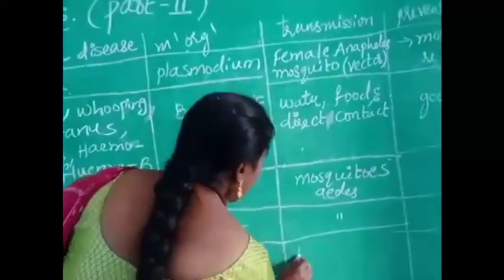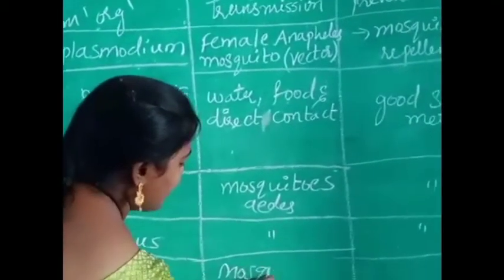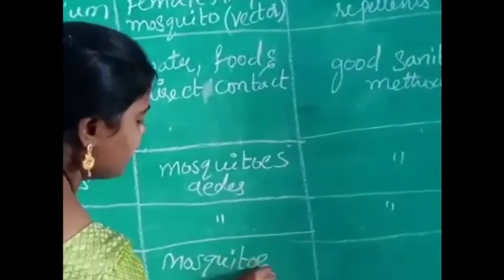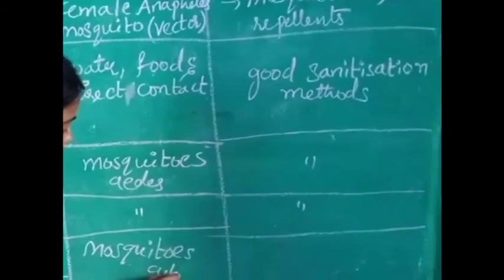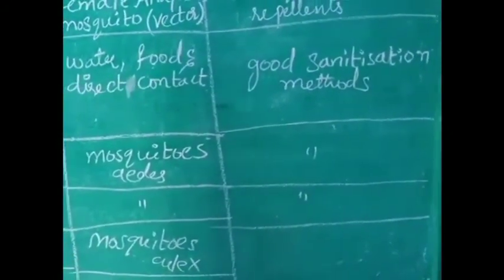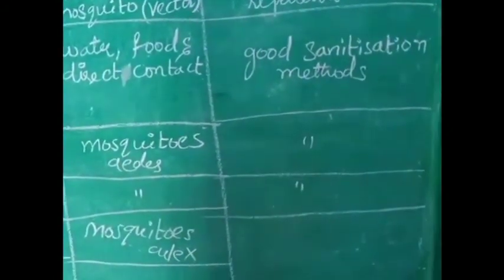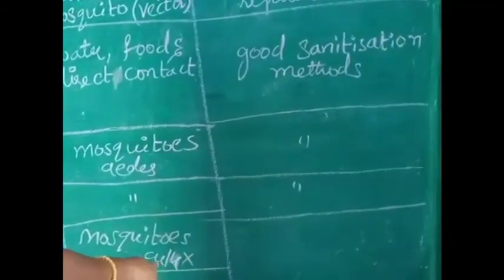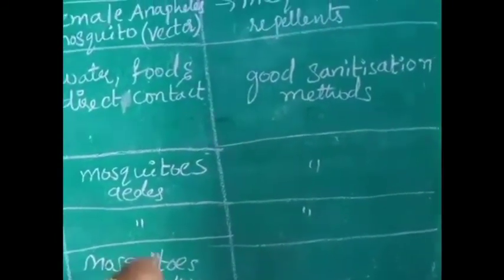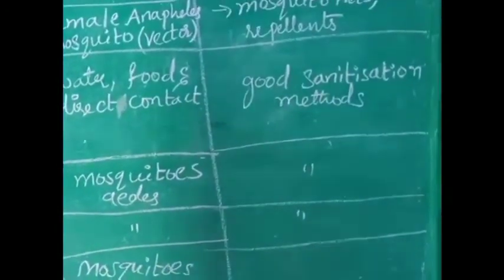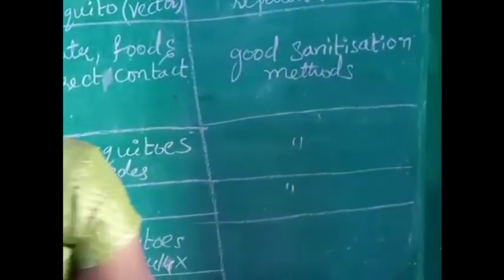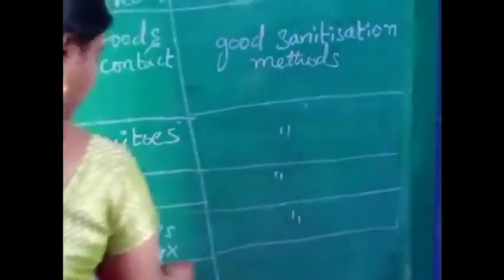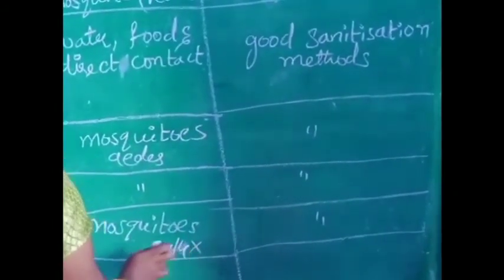It is transmitted through mosquitoes. What is the mosquito? Culex. Very important. The Culex mosquito causes Japanese encephalitis disease. We can also control it by taking good sanitization methods.